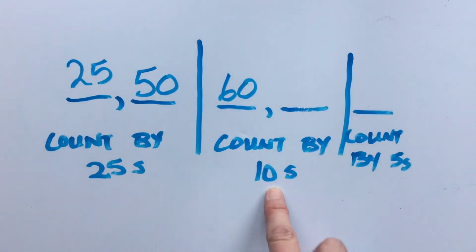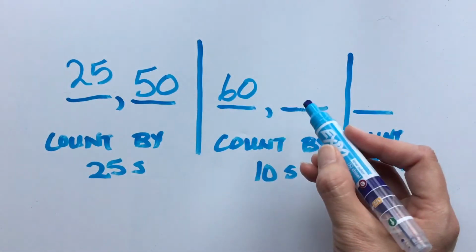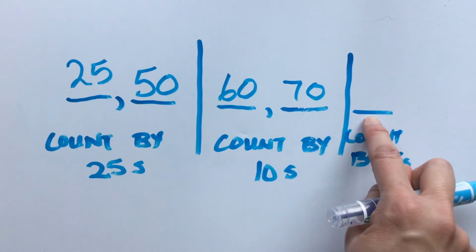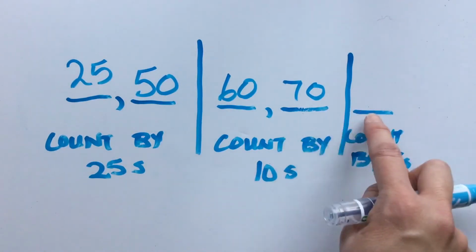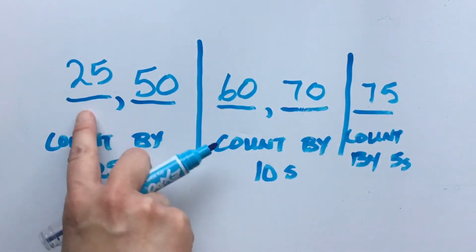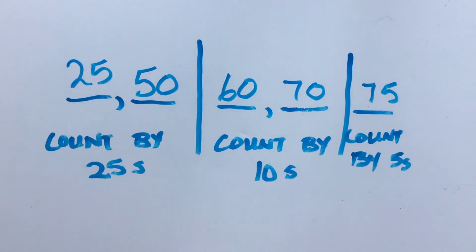Now I'm counting by 10s in this section because I have 2 dimes. 60, count by 10s, 70. Now 70 is my starting point as I count on here. Now I'm going to count by 5s. What's 70 plus another 5? It's 75. So the total of my 2 quarters, 2 dimes, and 1 nickel is 75 cents. Okay, that's how we count on.